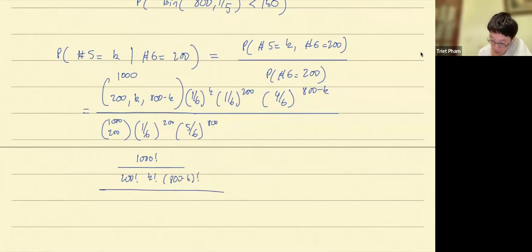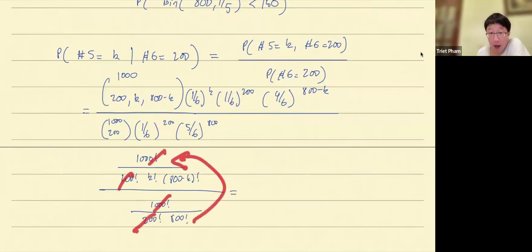And then the binomial coefficient is 1,000 factorial over 200 factorial and 800 factorial. So the final simplification will be 800 choose K.